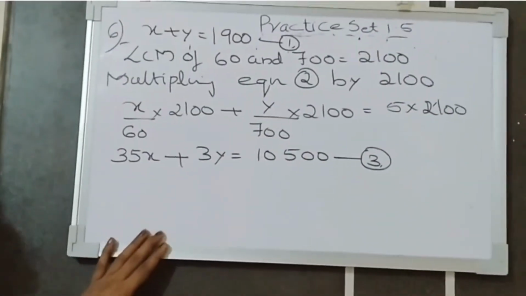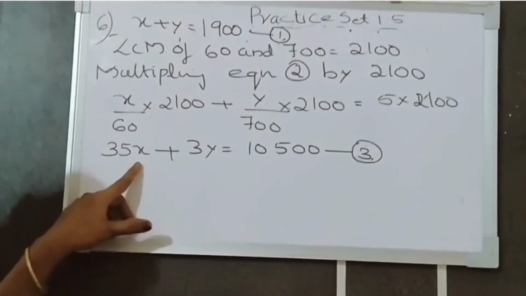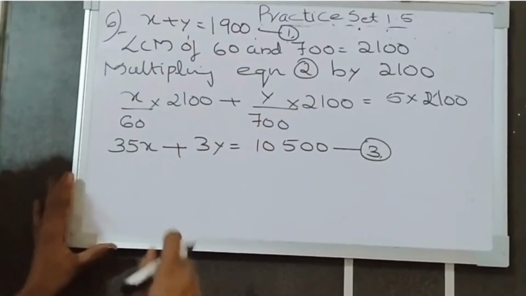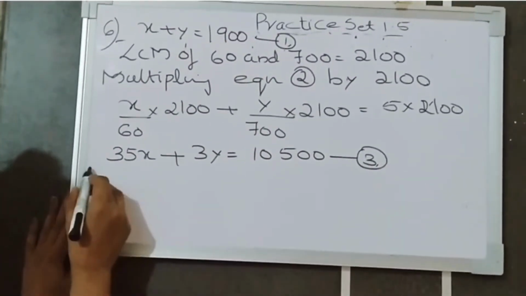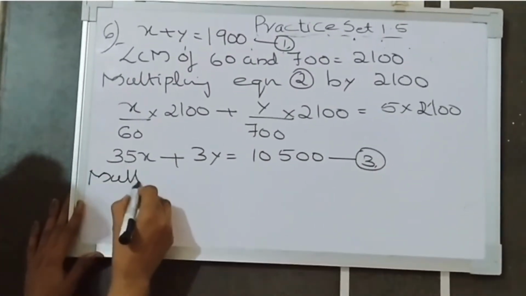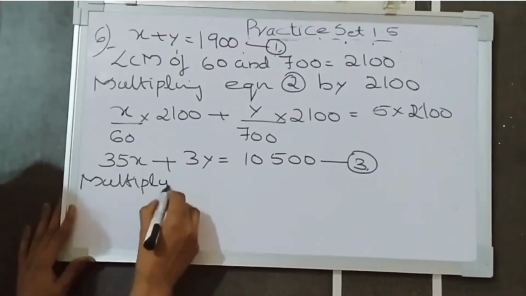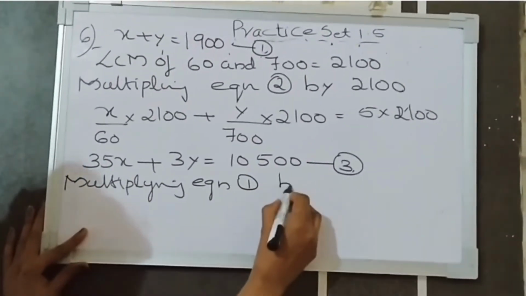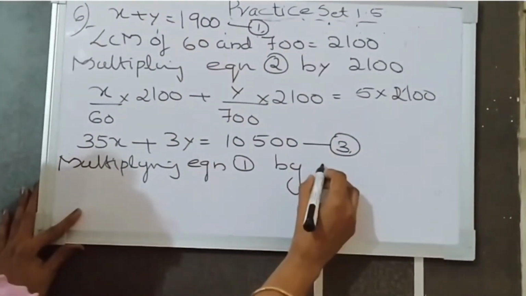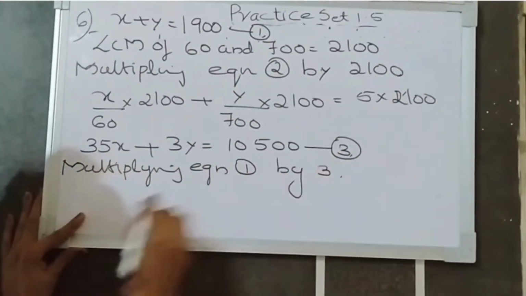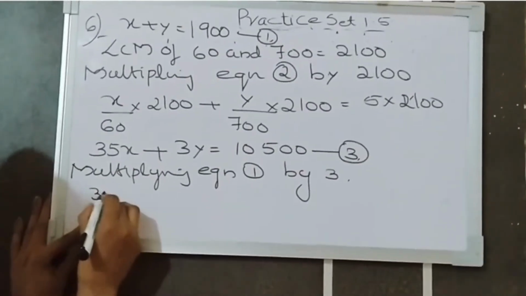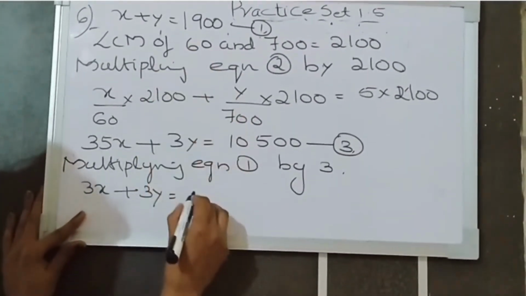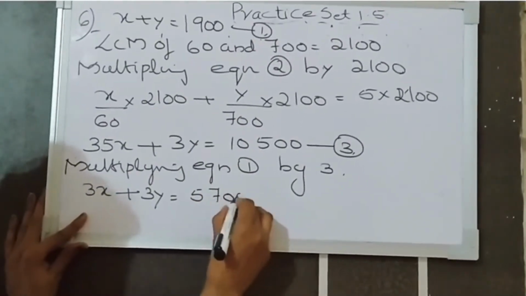And next, with equation number 3 and equation number 1 we have to find the values of x and y by the elimination method. Therefore multiplying equation 1 by 3, 3x plus 3y is equal to 5,700.